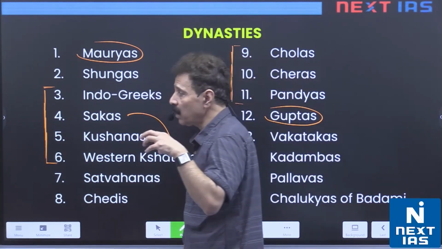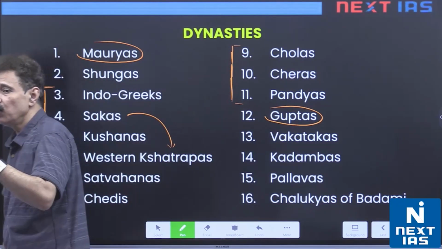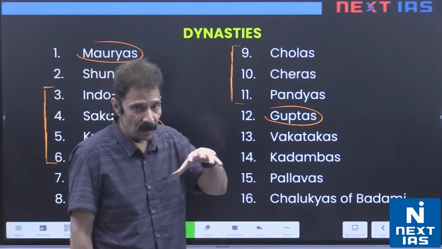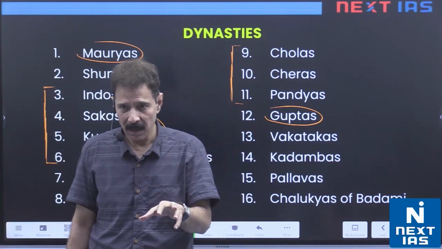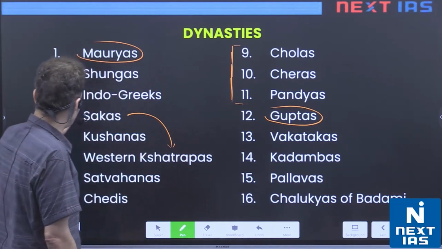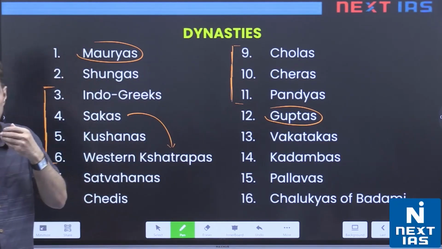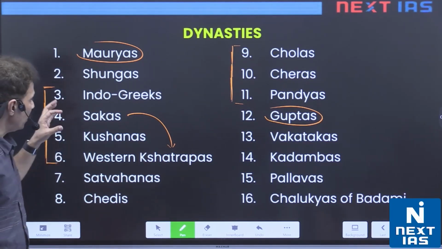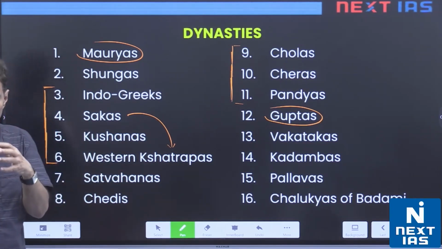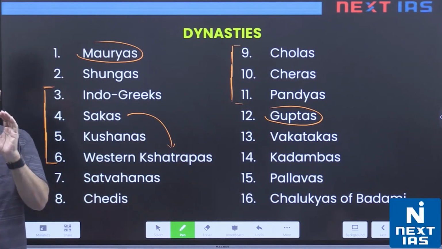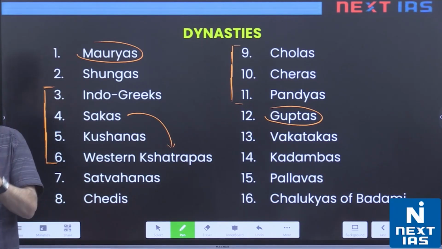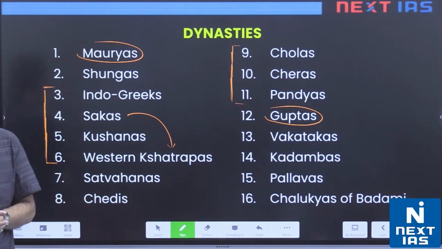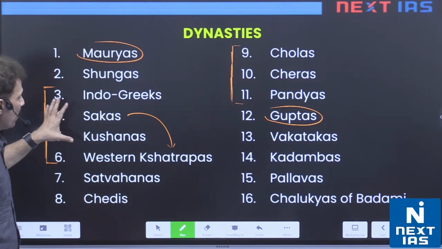Because we have one theme, what we call numismatic art. That is the art on coins. So their coins are very important for numismatic art, one thing. Besides, through their coins, we come to know about the vision of the foreign rulers, the vision of Kushanas, this kind of thing. So one is coins.